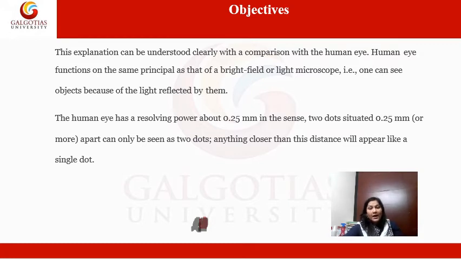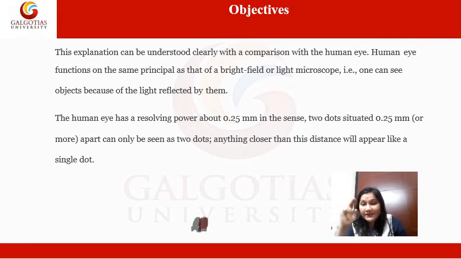Now, the human eye has a resolving power of about 0.25 millimeter. In the sense, two dots situated 0.25 millimeter or more apart can only be seen as two dots. If we place two dots which are situated less than 0.25 millimeter from each other, then the human eye will not be able to distinguish these two points as two different entities.